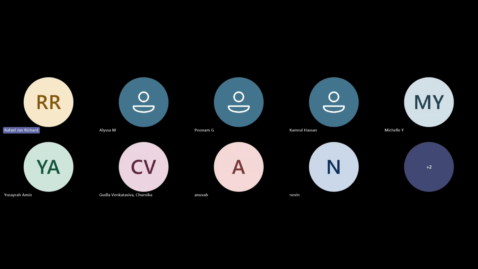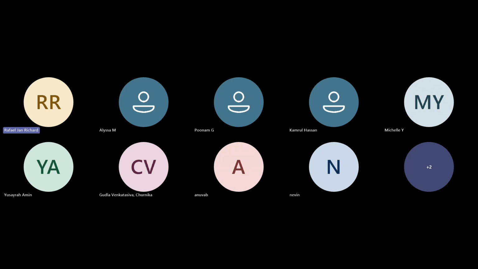Okay. Did it work now? Okay. I think we have to do it without breakout rooms. But yeah, then we do it just all together. I think that maybe works better.